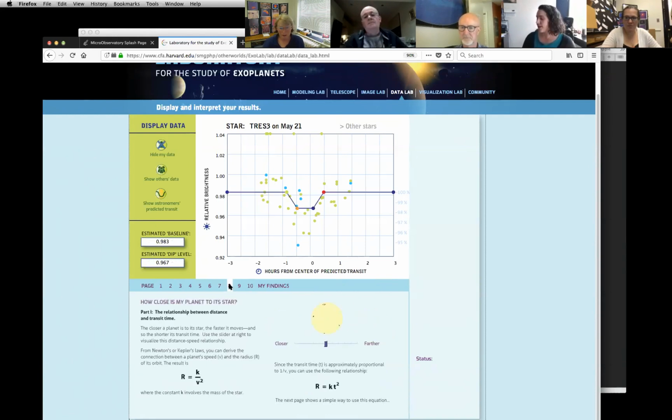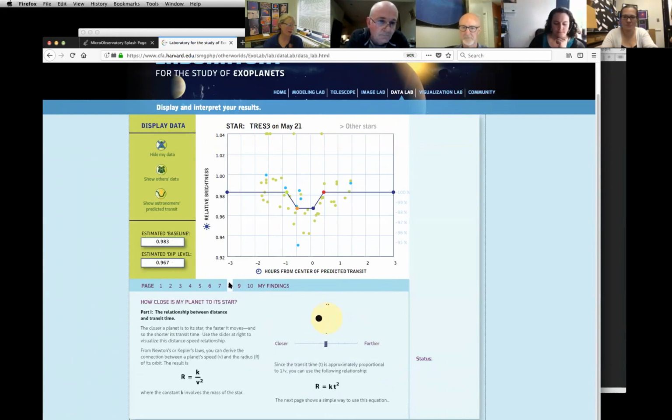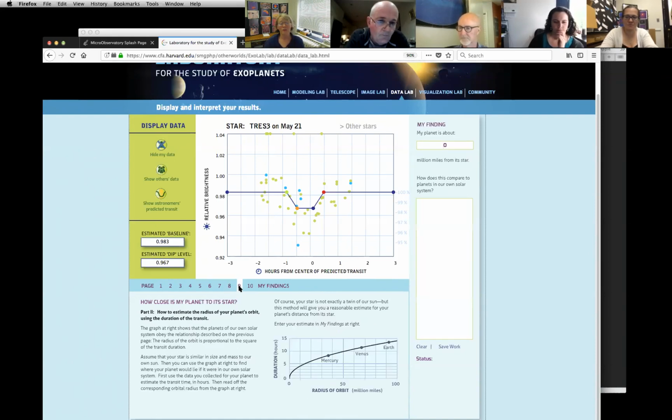And here is, page 9, I think, is actually where we're talking about, oh, page 8 and 9 are where we talk about the period, Kaylee. So just from Newton's laws and Kepler's laws, we know if something's closer in, it's going to go faster. And if it's farther out from its star, it's going to go slower. If we compare, this is a really nice little tool.